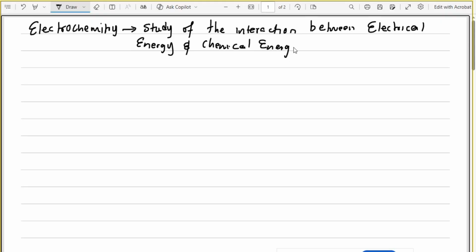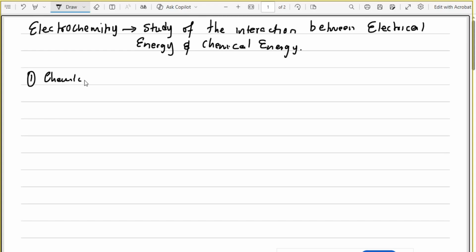Right. So now that you understand what is electrochemistry, the interaction can happen in two ways. The first one, the chemical reaction can be used to produce electrical energy. This will happen in galvanic cells.